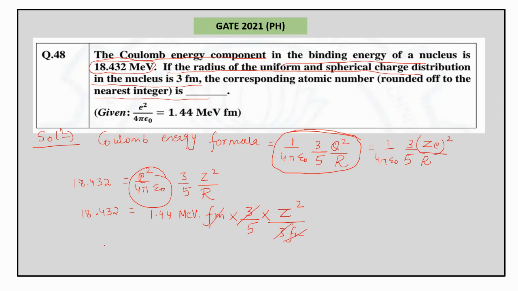This will cancel. Z square is equal to 18.432 into 5 upon 1.44. So what will be the value?